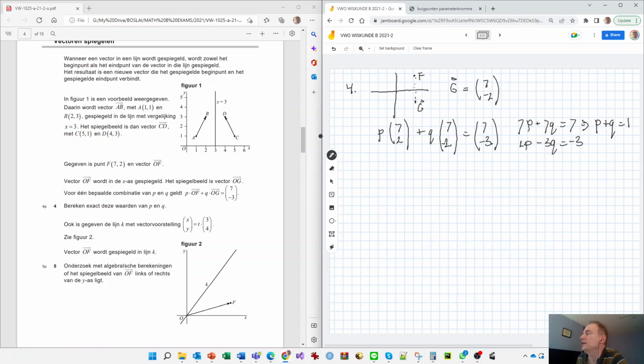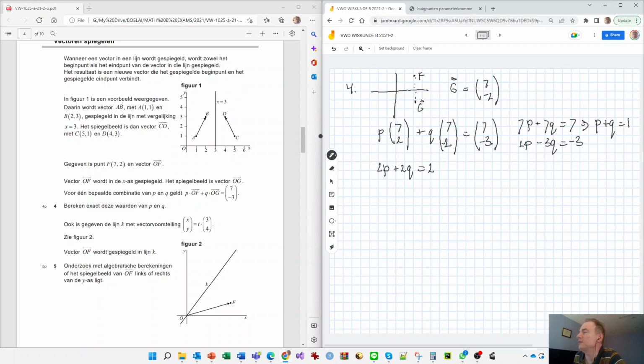That should be pretty standard, but it's actually still easy to make mistakes. I guess the standard way is just eliminating, say, the first variable first, P. And I do that by multiplying the first by 2 and then subtracting the second. And there are many ways to do that.